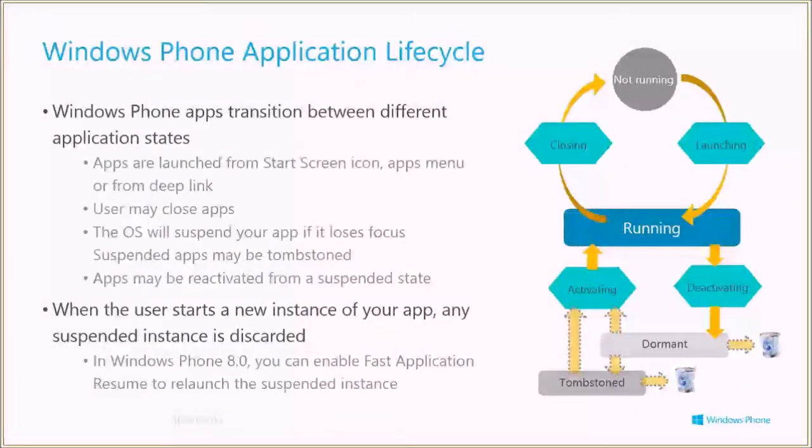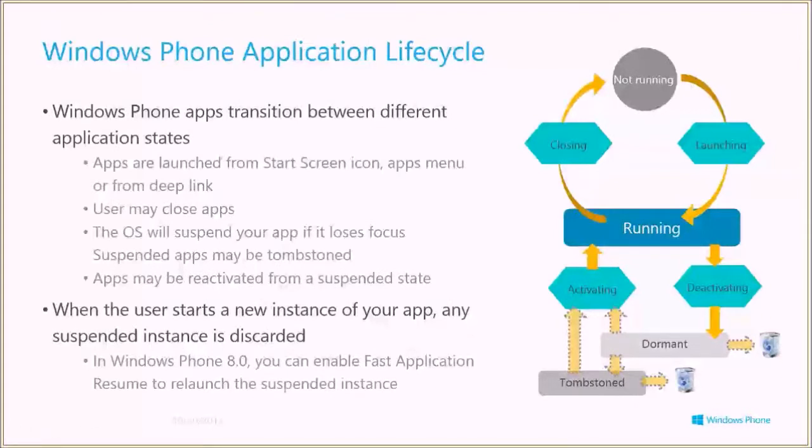All of these examples would make an application go from not running to running, and the application keeps launching until it runs. There are some events that are triggered when the application moves from the not running to the running state.